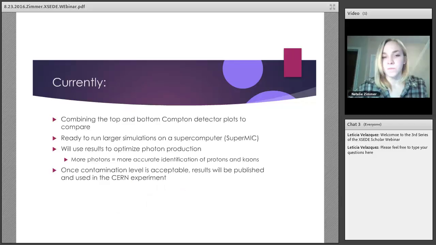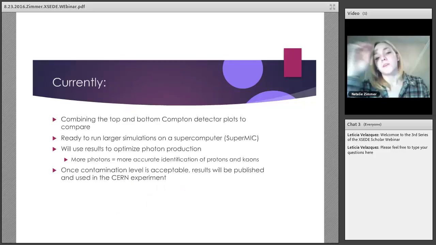But what if they hit an electron? And then they're going to fly off to the side and we need to detect this.